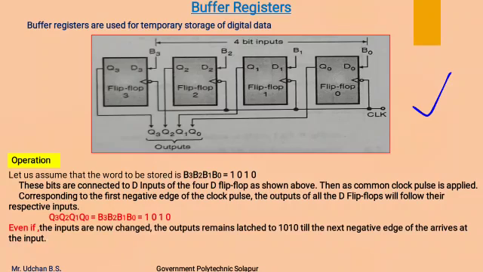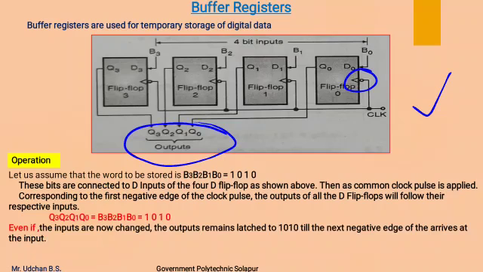A common clock pulse is applied to each flip-flop and outputs are available as Q3, Q2, Q1, Q0 in the form of 4 bits. Let us assume that the flip-flops used in this register are D flip-flops which are negative edge triggered flip-flops.